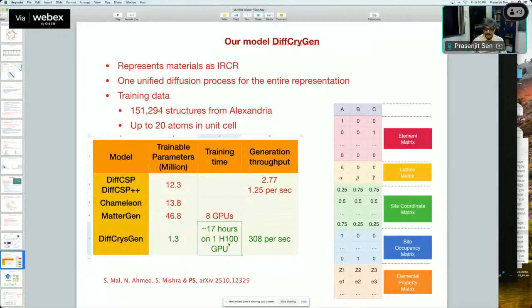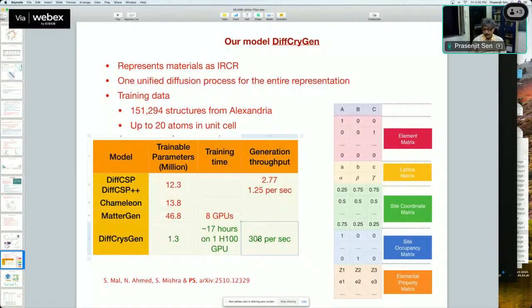What that does, number one, is cut down the resources you need for training, and it just took us 17 hours on a single H100 GPU. And then the real difference comes in how quickly it can generate new materials.